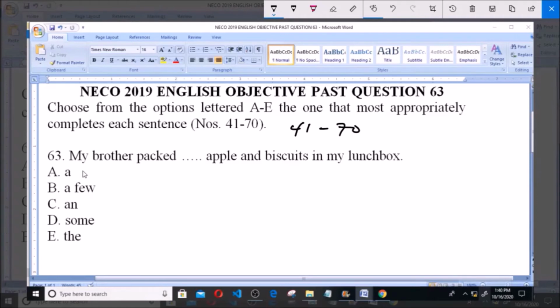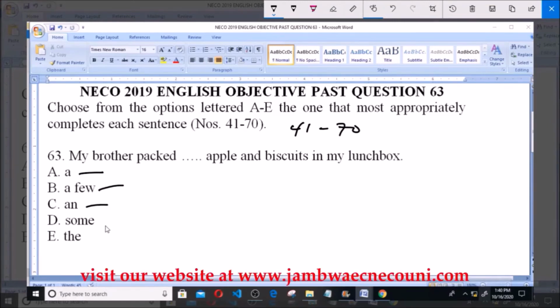Option A says a, option B says a few, option C says an, option D says some, option E says the.